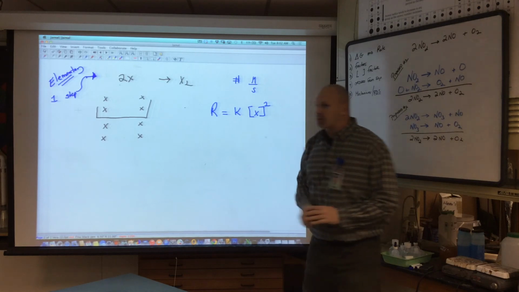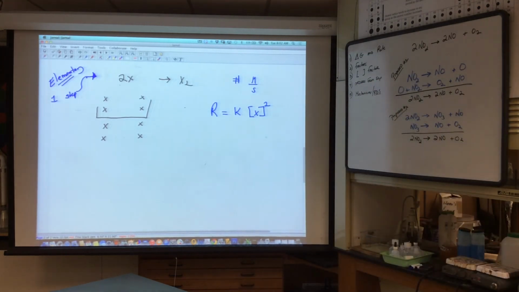But let's do one more scenario that opens the door, the possibility for something called a mechanism. Okay, let's watch. Now I'm going to give you something called a mechanism. All right? It's no longer going to be one step. There's going to be a bunch of elementary steps. So here, let's say I have X plus Z, and that gives me XZ.